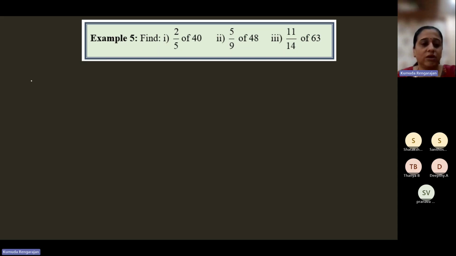So in mathematics, the OF operator stands for multiplication.